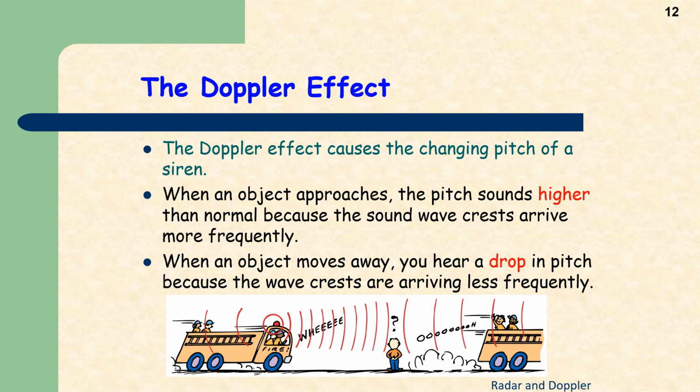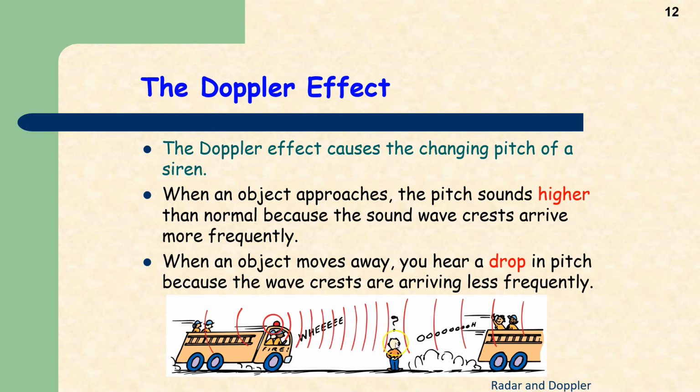When an object approaches, the pitch sounds higher than normal because the source creates waves that are more frequent. You're basically driving into the sound waves, pushing them together, giving them a shorter wavelength. Velocity equals frequency times wavelength, so if wavelength goes down, velocity has to stay the same, and that means frequency goes up.